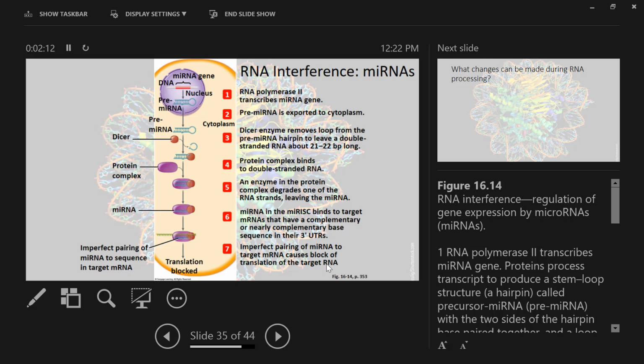And that would bind the start codon. You virtually shut off all translation because they all have the same start codon.